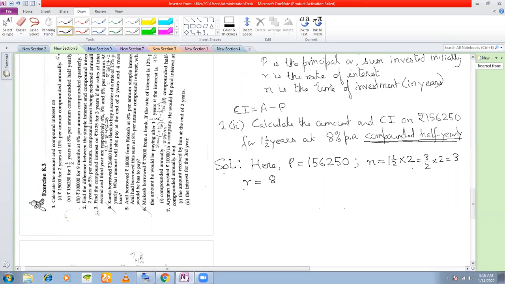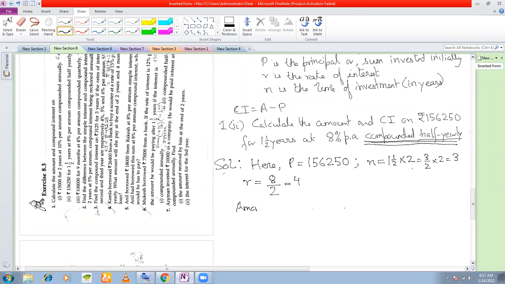But because you are dividing the year into two parts, compounded half yearly, that is why you will divide the rate by 2. So this is 4. Now these values we are going to put in the compound interest formula.